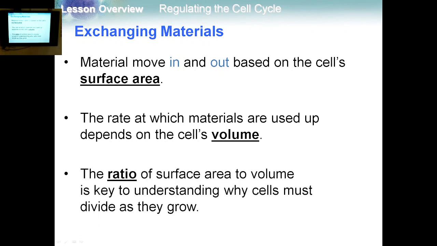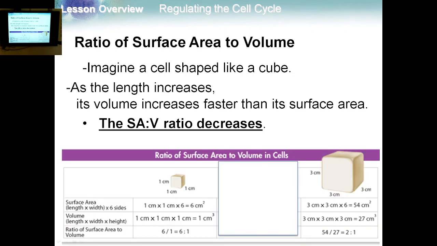The ratio of the surface area to the volume is the key to understanding why cells must divide as they grow. According to the surface area to volume ratio, the cell needs to divide to keep this ratio at a specific point.